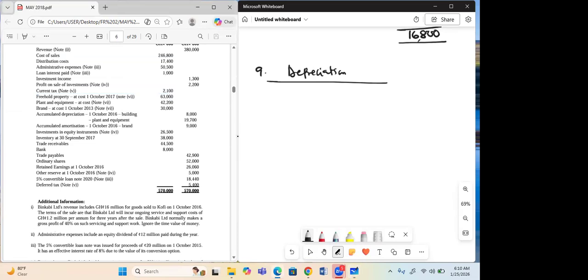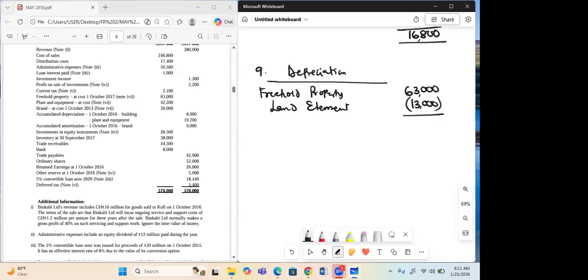So we'll take the land element out. You know the land element will not depreciate. So let's take that out. Land element of 13,000 out leaves 50,000. So the building element is 50,000.